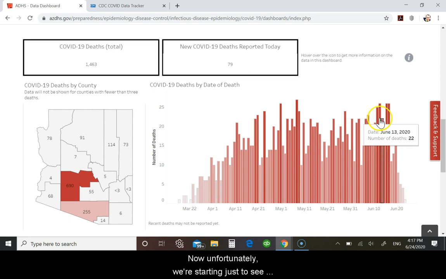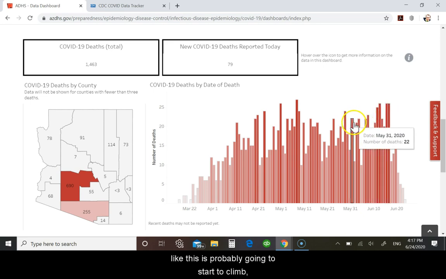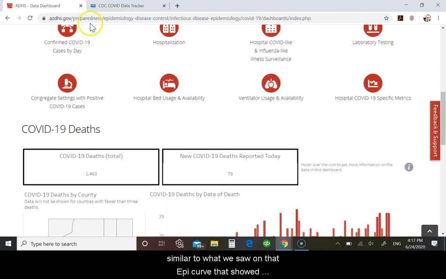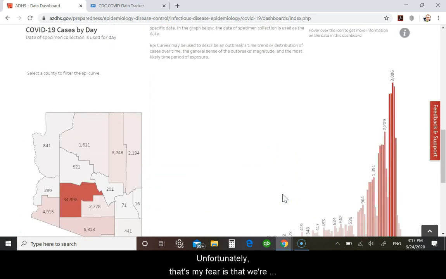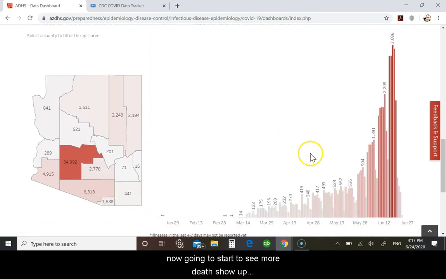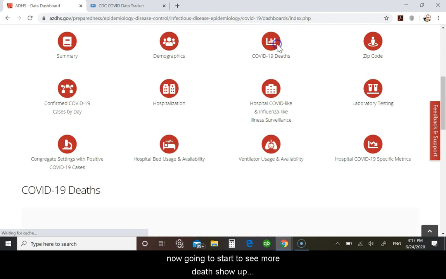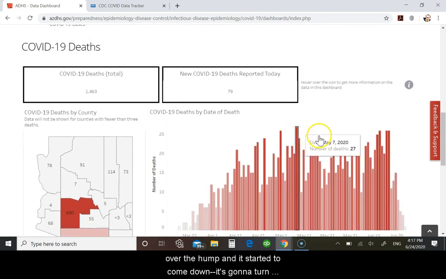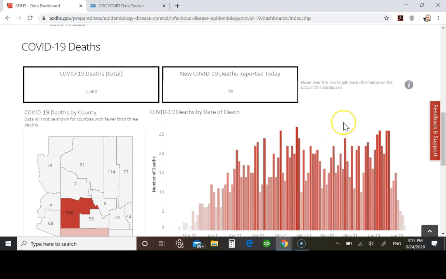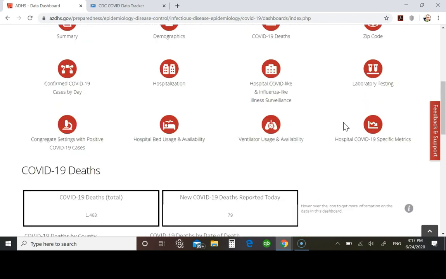Now, unfortunately, we're starting to see some of these death numbers go up, and it looks like this is probably going to start to climb, similar to what we saw in that epi curve for cases. That's my fear, that we're now going to start to see more deaths show up here, and that what we thought was getting over the hump and starting to come down is going to turn out not to be the case.